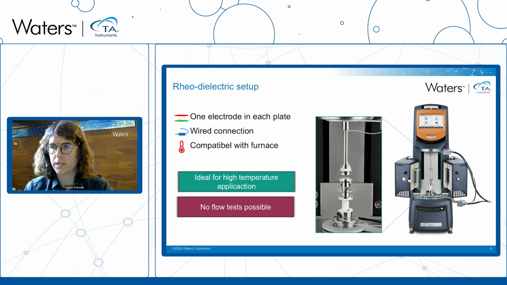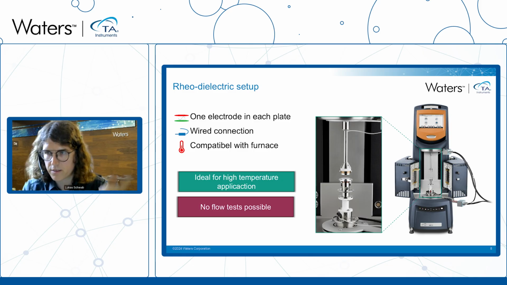stresses. But it has one big limitation, and that is the top geometry is connected to the LCR meter by wire. So this means that the top geometry is not really free to move. Especially if we think about flow tests, where we have a continuous movement in one direction, especially at high shears, which are interesting for the coating process, the wire will not stand very long for those measurements.